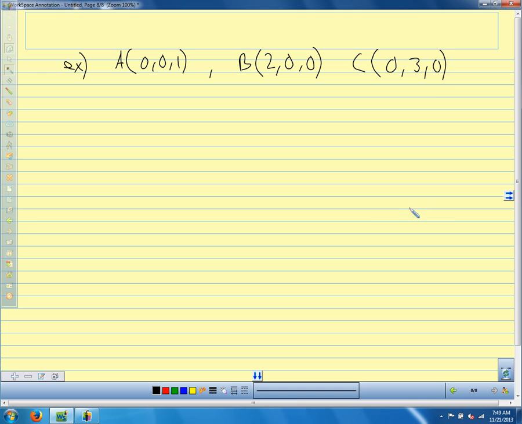And the problem asks us to find the equation of the plane containing A, B, C.